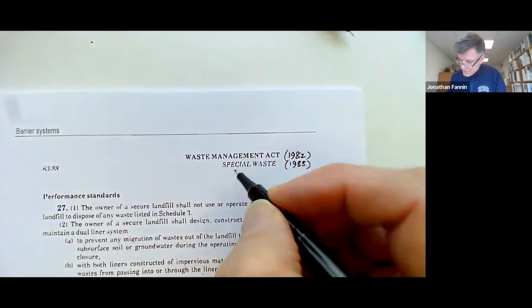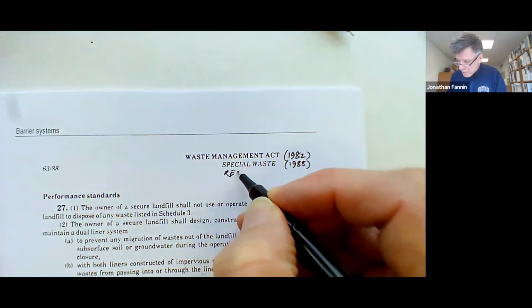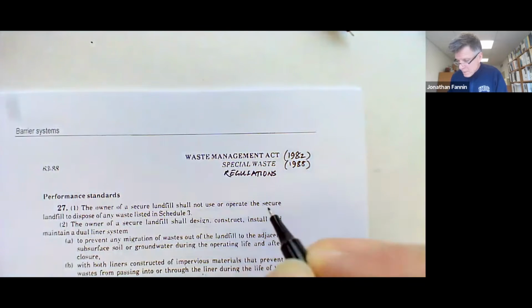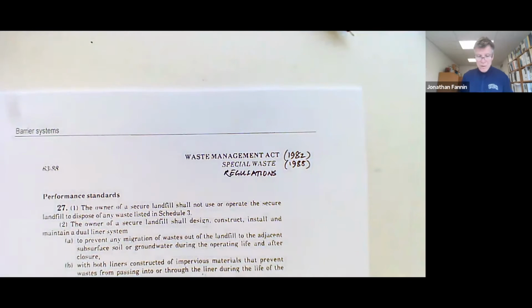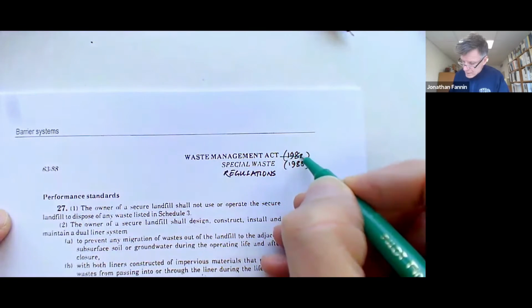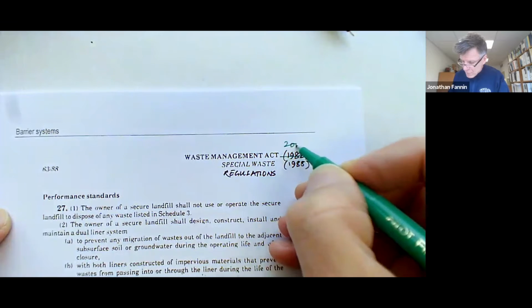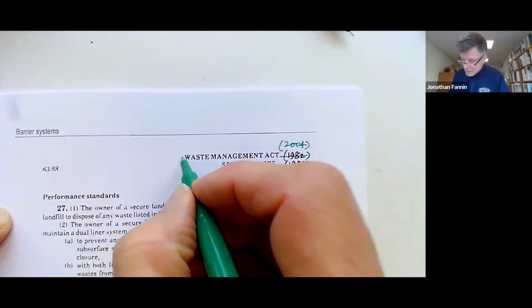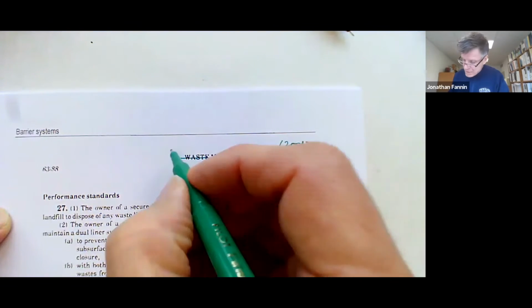The special waste regulations of the Waste Management Act. In 2004, we can strike out this and move to 2004, and the Waste Management Act became the Environment Management Act.